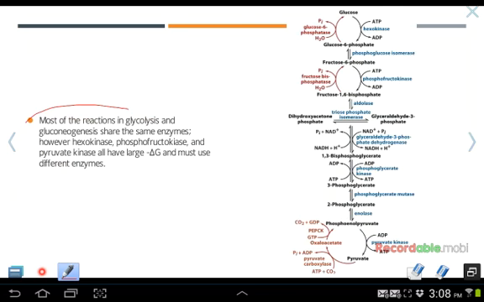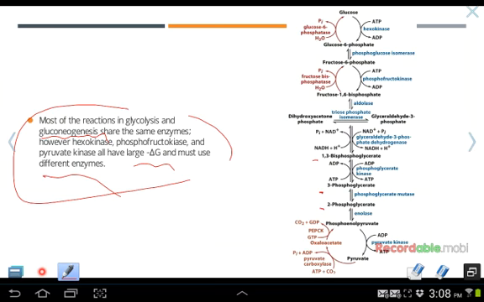So most of the reactions in gluconeogenesis are the reverse of glycolysis. So they share many of the same enzymes and metabolite intermediates. However, 3 of the enzymes in glycolysis have such a large negative delta G that we have to utilize different enzymes.